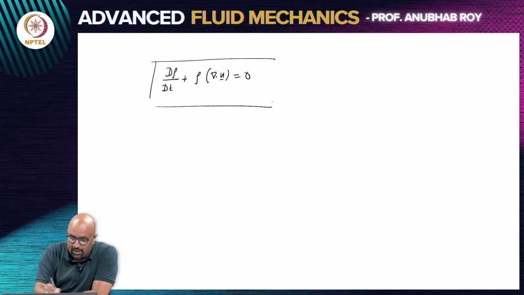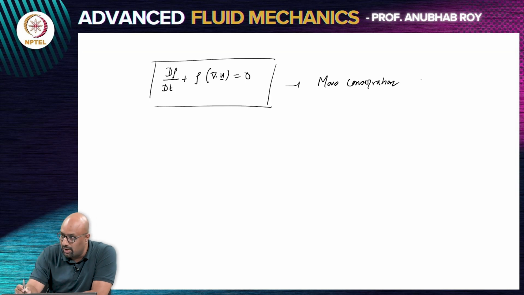This is my statement for mass conservation. It is also known as equation of continuity, implying continuity of mass, but just calling it mass conservation is sufficient, where the rate of change of density d rho dt plus rho divergence of u is equal to 0.